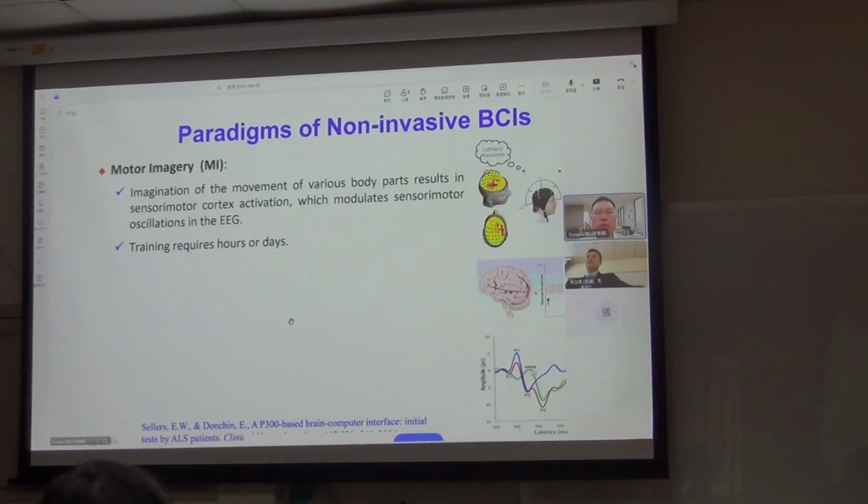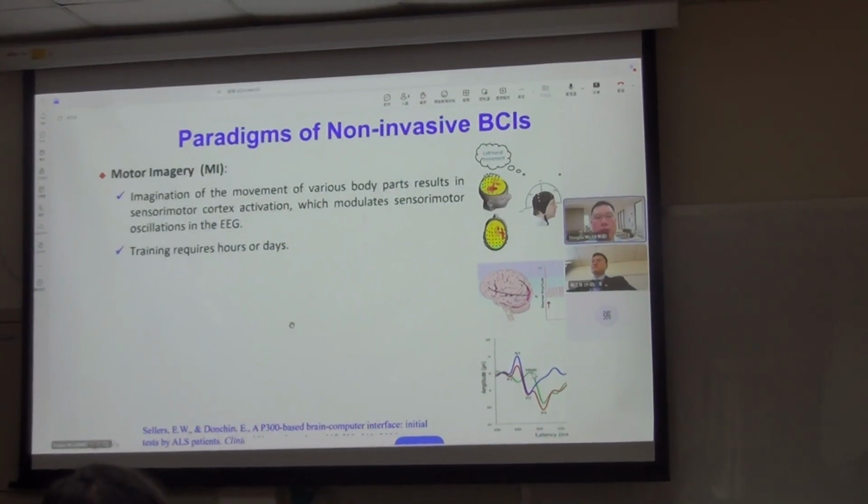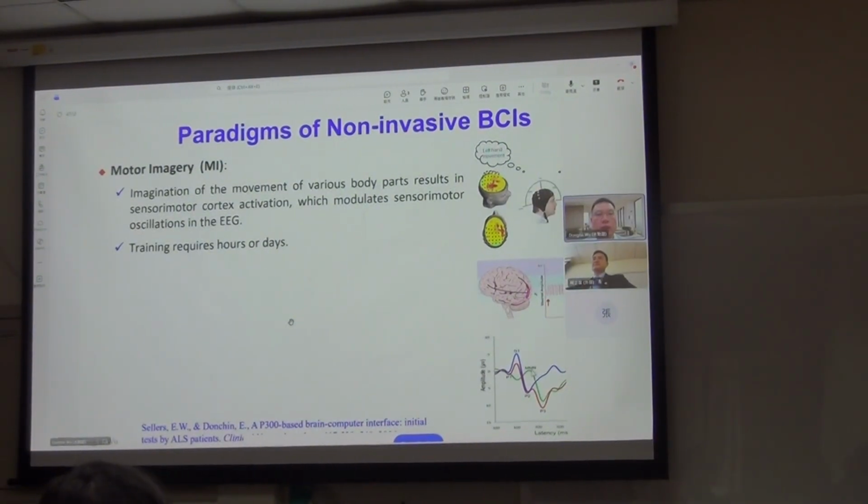For most non-invasive BCIs, we are working on classification problems. Generally, there are three classical paradigms of non-invasive BCIs. The first is called motor imagery. It means the imagination of the movement of various body parts results in sensory-motor cortex activation, which modulates sensory-motor oscillation in the EEG.